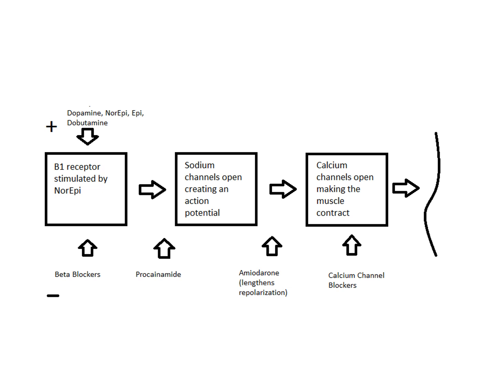At the level of the sodium channels and the sodium-potassium pump, we can give people things like procainamide, which is a sodium channel blocker, which prevents the sodium from flooding into the cell and therefore creating an action potential. Or we can play on the potassium side of things and give people something like amiodarone, which prevents repolarization.